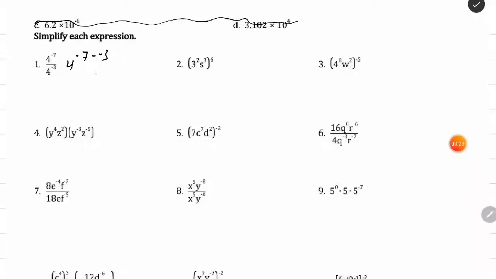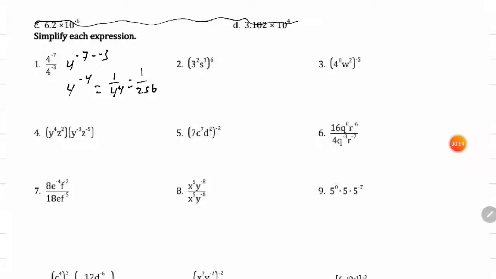So those two minuses make a plus, so negative 7 plus 3 is 4 to the negative 4. Since we don't like having negative exponents, this is going to become 1 over 4 to the 4, which is the same thing as 1 over 4 squared squared. 4 squared is 16. 16 times 16 is 256.